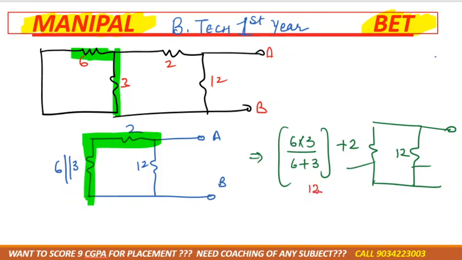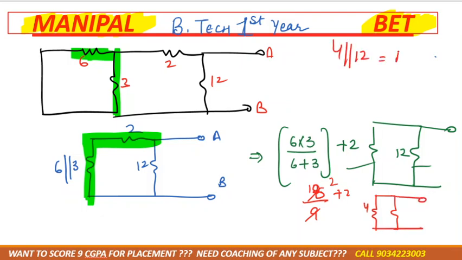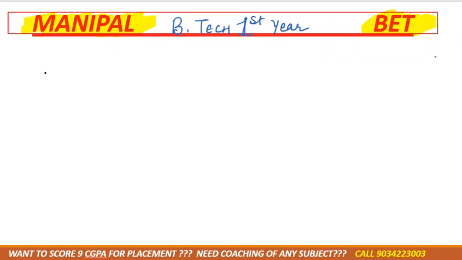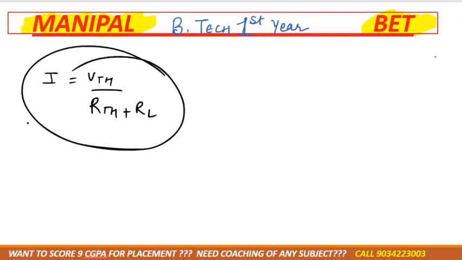So 4 and 12 are in parallel. That would be the RTH. Now ultimately you need to calculate I. I is VTH by RTH plus RL. Just need to substitute.